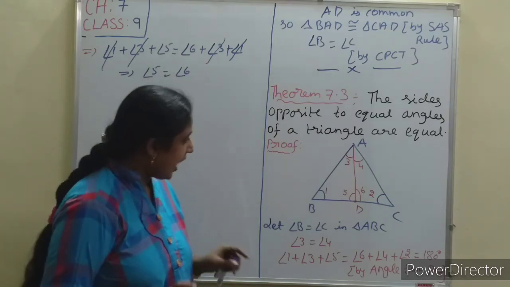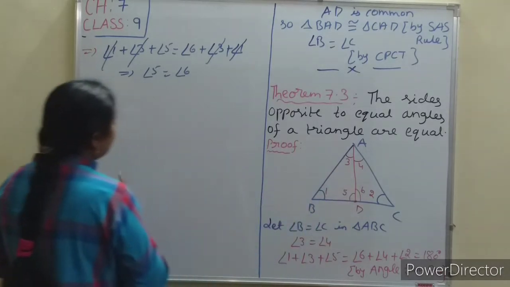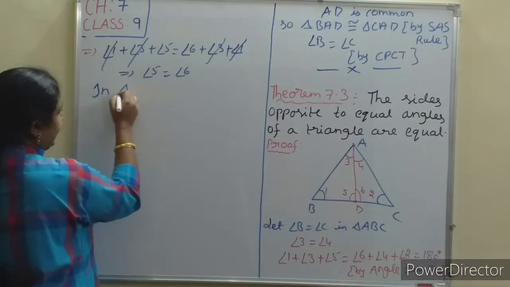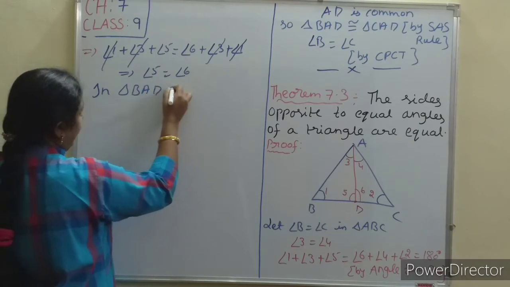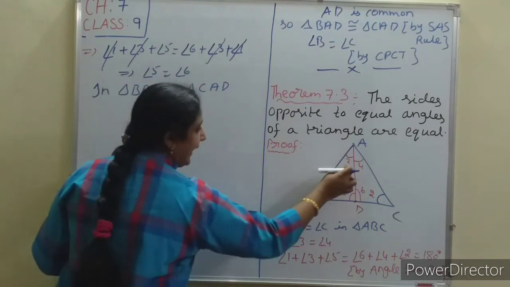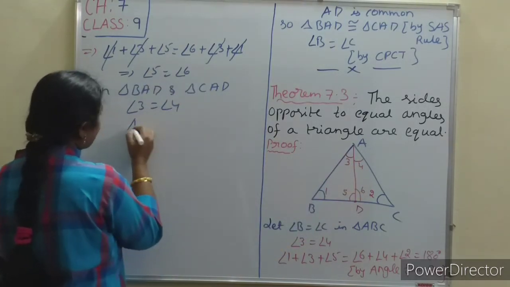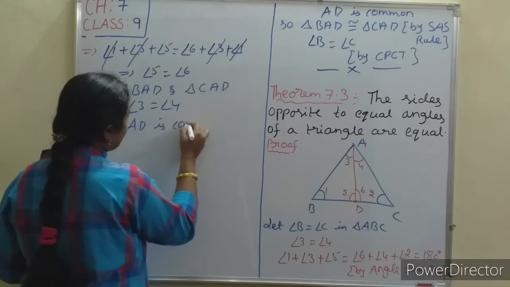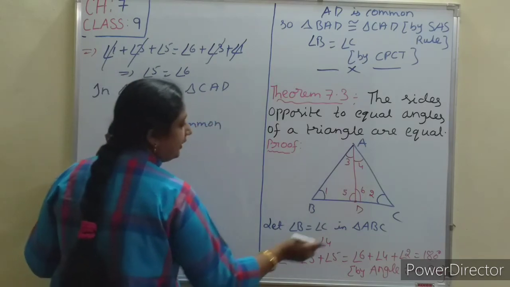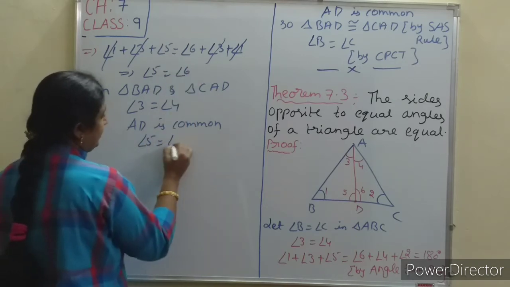Okay children, now you see, in these two triangles, in which two triangles? In triangle BAD and triangle CAD, angle 3 equals angle 4. AD is common, then angle 5 equals angle 6, right, from this equation.